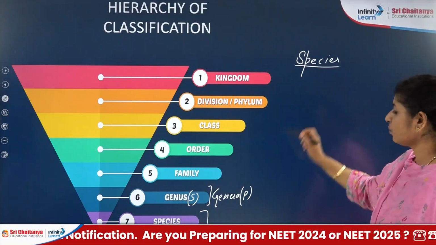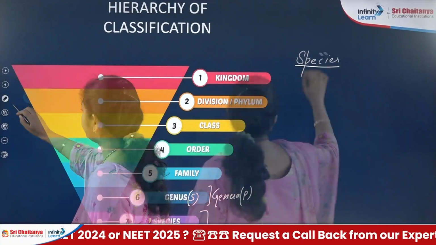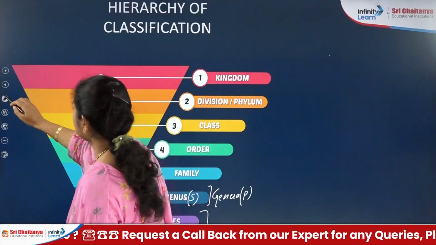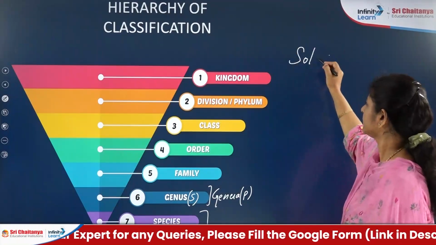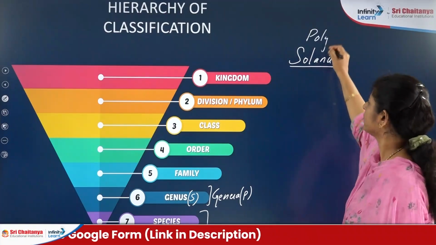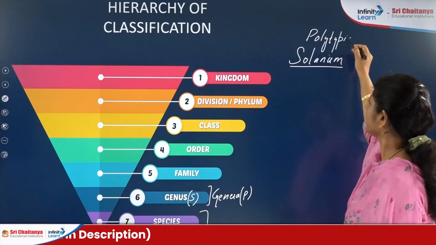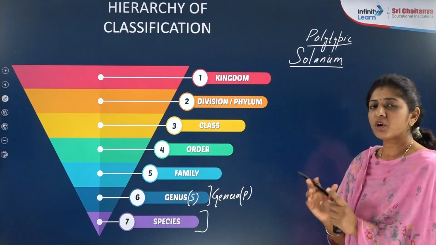Now, what is that line which makes you confused at the genus level? Suppose I am taking Solanum. Solanum is such a genus which is polytypic. Polytypic means it has other species which are many in number, not one.